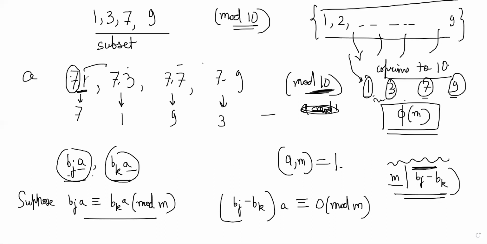Oh, you're saying if 7 into 1, it is possible to get a 2. Okay, I understand your question now. You're saying, is it possible to get some other remainder not of this set after multiplying by A?